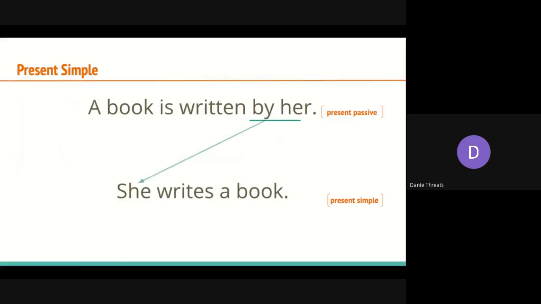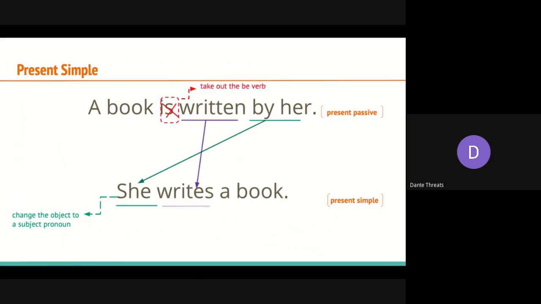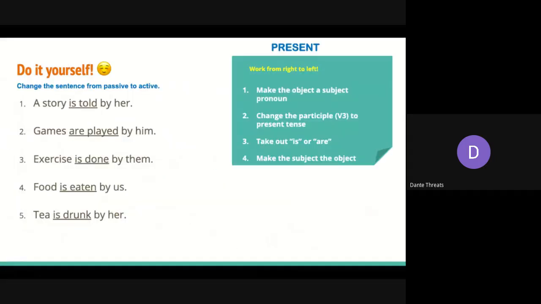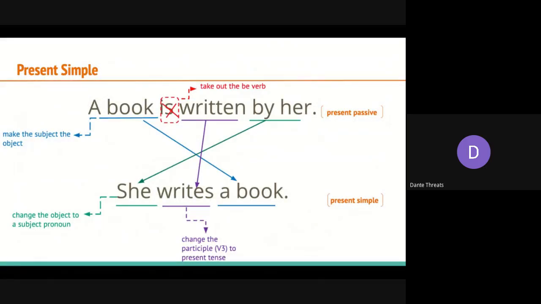As you can see here, it's kind of done in reverse. We change the object to a subject pronoun. Then we take out the verb. Change the participle to the present tense. And then we make the subject the object.